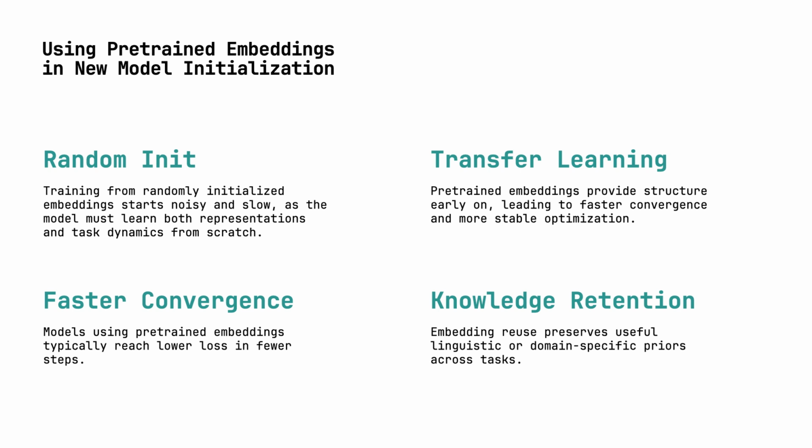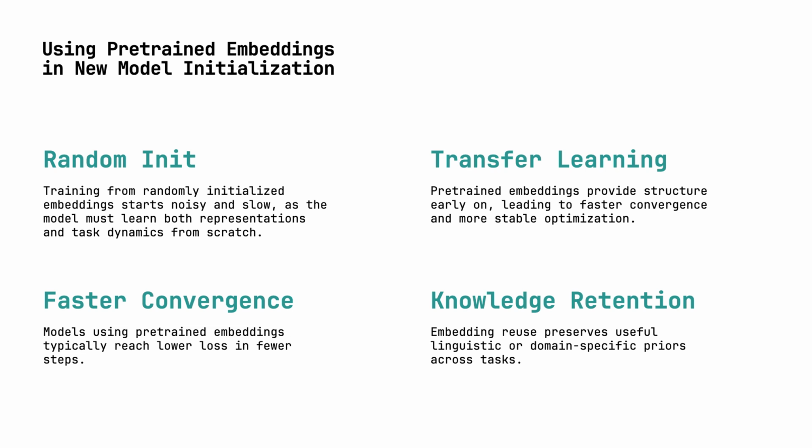Maintaining a decoupled embedding module that has been trained and validated independently promotes modularity and reuse. This enables the same pre-trained embedding to be plugged into multiple architectures without retraining from scratch. When applying embeddings to a model with a different vocabulary or embedding dimension, mapping functions may be required.